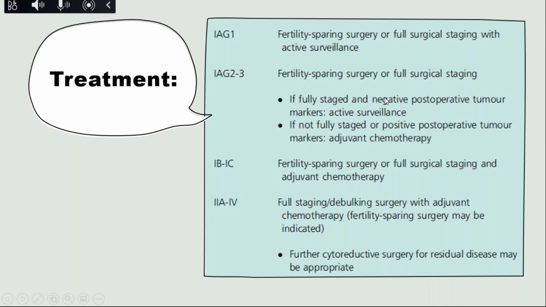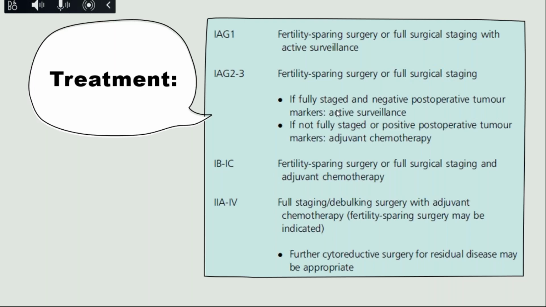Okay, so what is the treatment of immature teratoma? They have classified into grade 1, grade 2, and 3 in 1A staging. So the fertility sparing surgery or full surgical staging with active surveillance, and in grade 2 to 3, the fertility sparing surgery or full surgical staging should be done with active surveillance if there are no postoperative tumor markers.